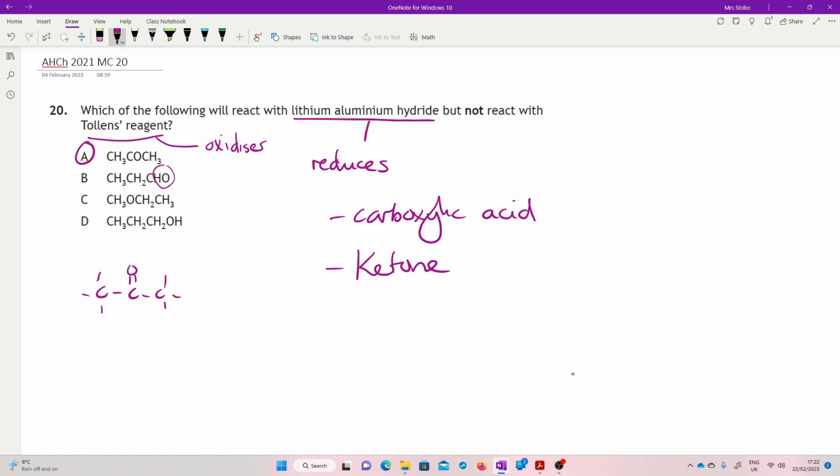This one, being very good, because obviously we've got HO at the end rather than OH, so that's an aldehyde, so that could do both. It could either be reduced back to a primary alcohol or oxidized to carboxylic acid. Your C is an ether, because you've got CH3O, CH2, CH3, so it's not that. And D is a primary alcohol, so it's got nowhere to reduce to, although it would be oxidized.